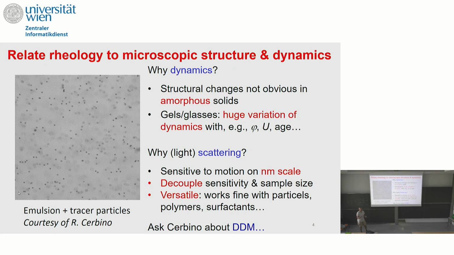It could be particles, but it could also be polymers, or it could be surfactant entities that form micelles or some other kind of phases. A whole zoology of samples that most of the time you cannot see directly if you do microscopy. So this is why scattering can be a useful technique.